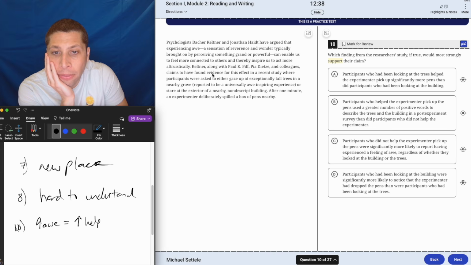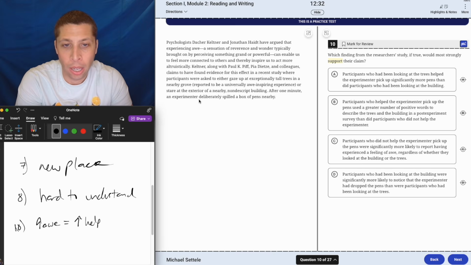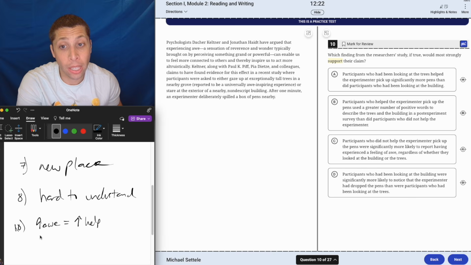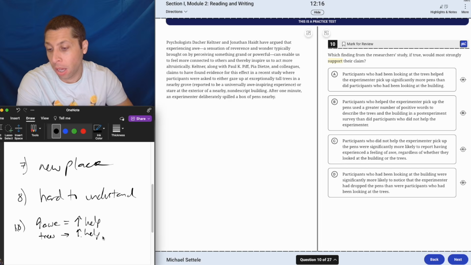They claim to have found evidence of its effect in a recent study where participants were asked to either gaze up at exceptionally tall trees in a nearby grove or stare at the exterior of a nearby nondescript building. After 1 minute, an experimenter deliberately spilled a box of pens. So if you are staring at the trees, you're going to help more, is what this means.